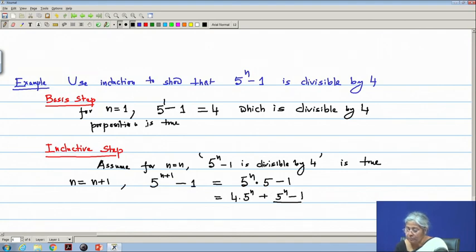This 5 to the power n minus 1 is already true, and since the first term is 4 into 5 to the power n, the first term is divisible by 4.